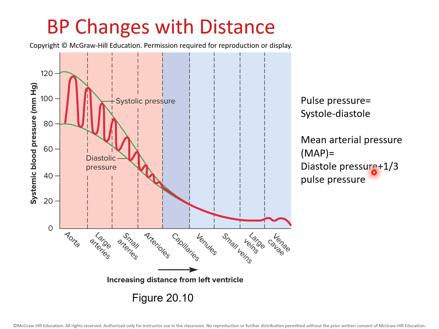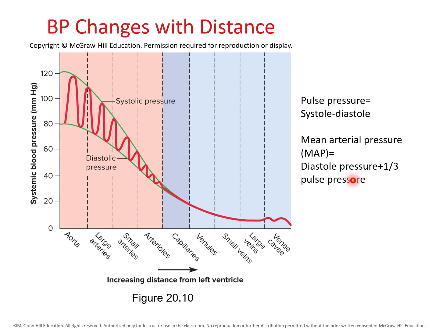The heart spends 2/3 of its time in diastole because the filling of the left ventricle takes place during diastole, or the relaxation phase of the cardiac cycle, right? So you need to give the ventricle enough time to fill up before the heart contracts again. And that's why the heart spends a longer time in diastole.